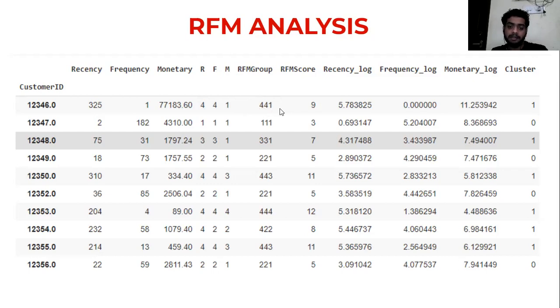That's why we add these group numbers 4, 4, 1, and we get 9, that is the RFM score. We normalized the recency, frequency, and monetary numbers via log transformation. We get the recency log, frequency log, and monetary log, and based on this we create clusters.